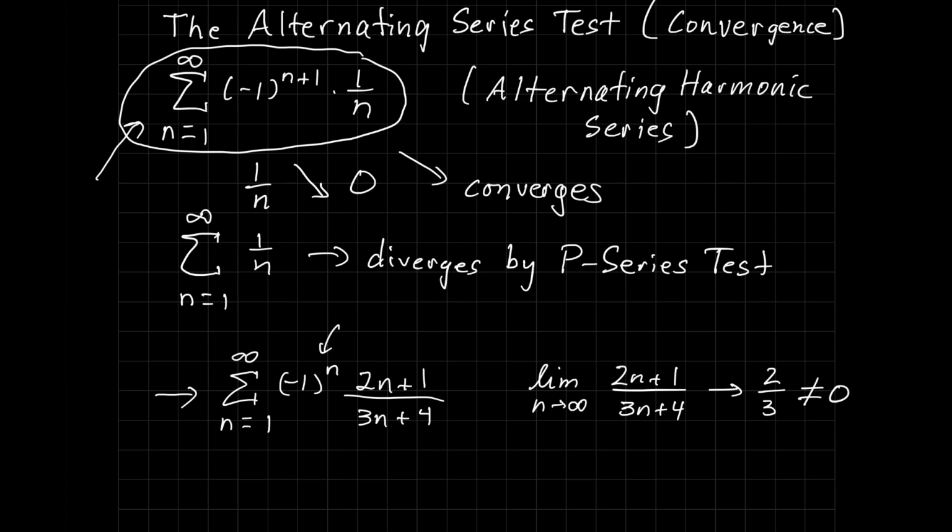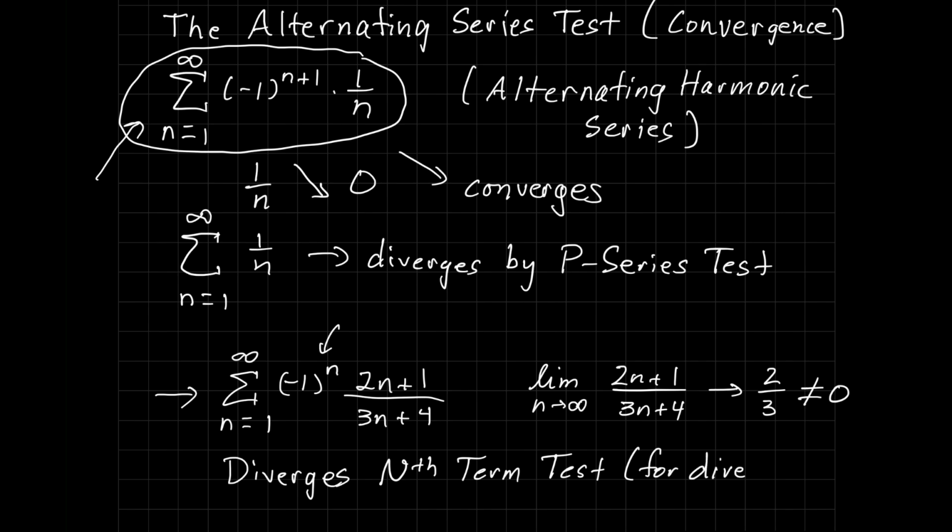Which means that this series diverges, but not by the alternating series test, because the alternating series test is for convergence only. Instead, this diverges by the nth term test, which I like to call the nth term test for divergence. So if you have an alternating series, it'll either converge by the alternating series test or diverge by the nth term test.